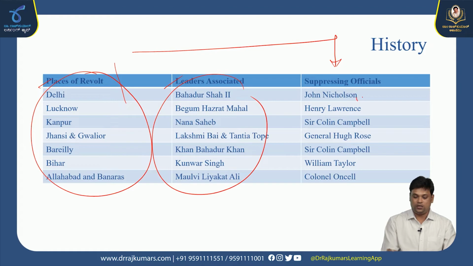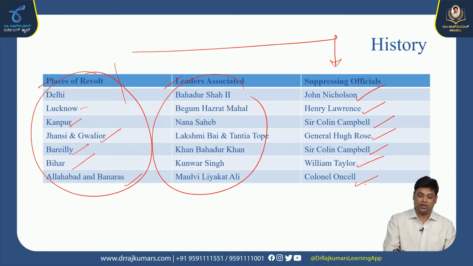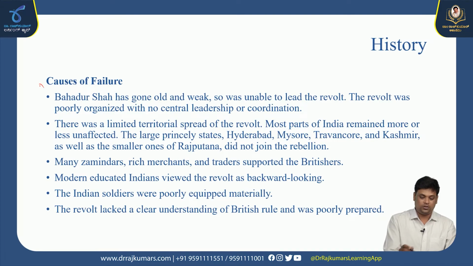John Nicholson was responsible in the region of Delhi, Henry Lawrence in Lucknow, Sir Colin Campbell in Kanpur, General Hugh Rose in Jhansi and Gwalior, Sir Colin Campbell in Bareilly, William Taylor in Bihar, and Colonel Oncell in Allahabad and Benares. All these British officials were responsible for suppressing the revolt as well as executing these leaders. A few leaders also escaped.